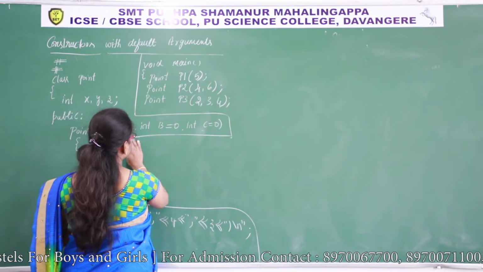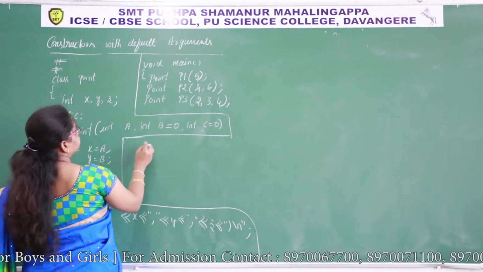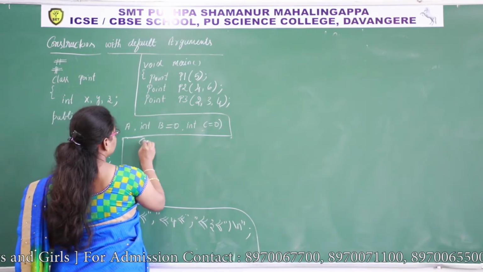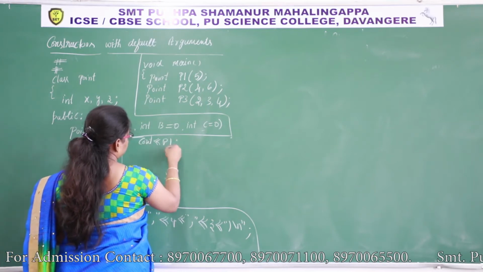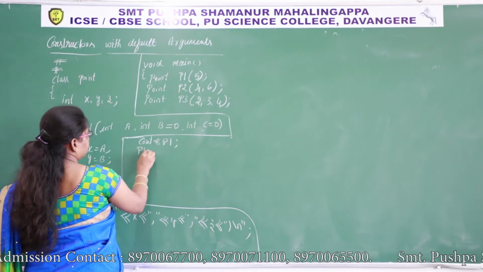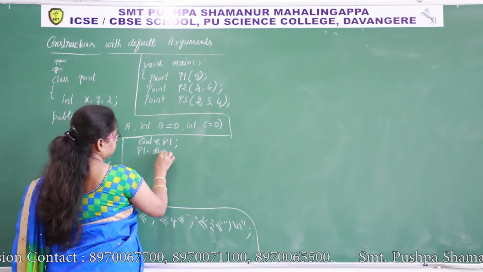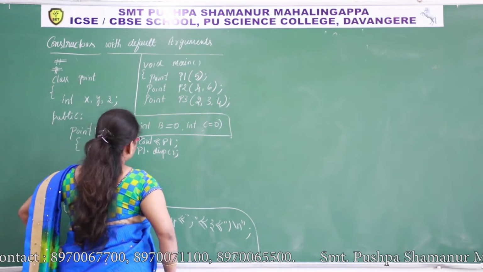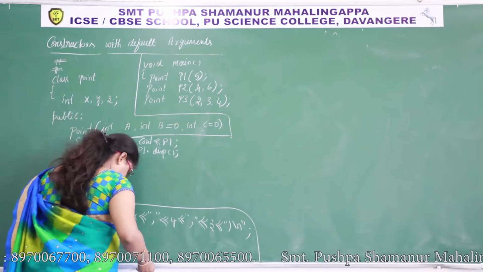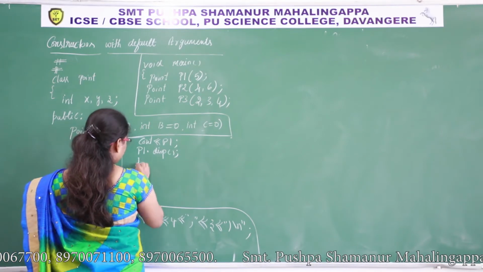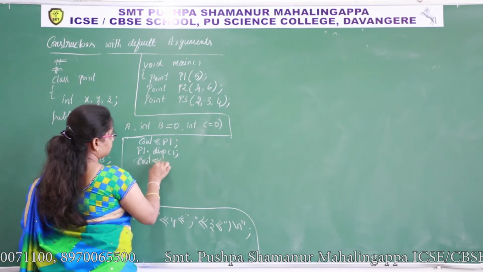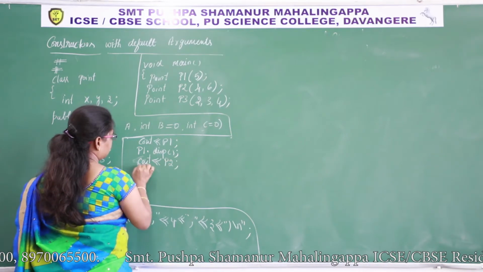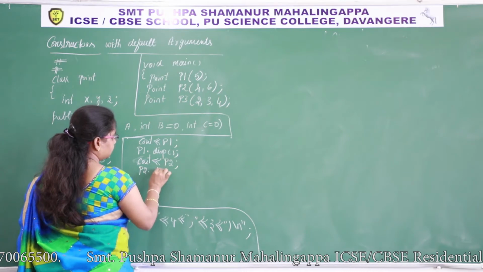Now I'll display one by one: cout insertion p1, so p1 dot display. Next, cout insertion p2, p2 dot display.